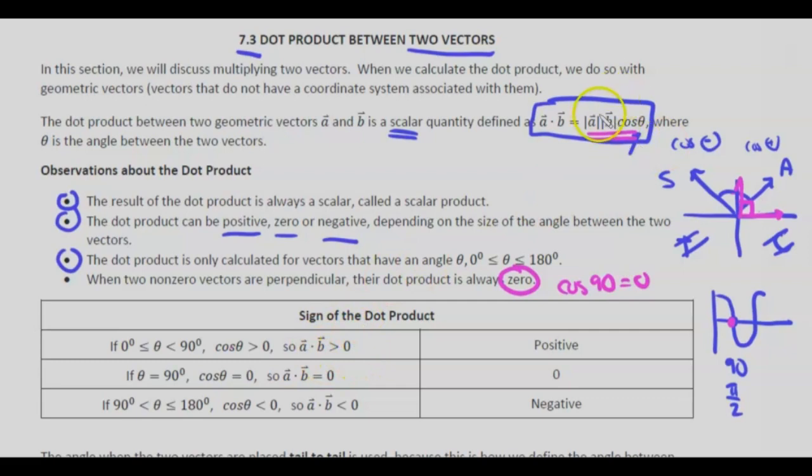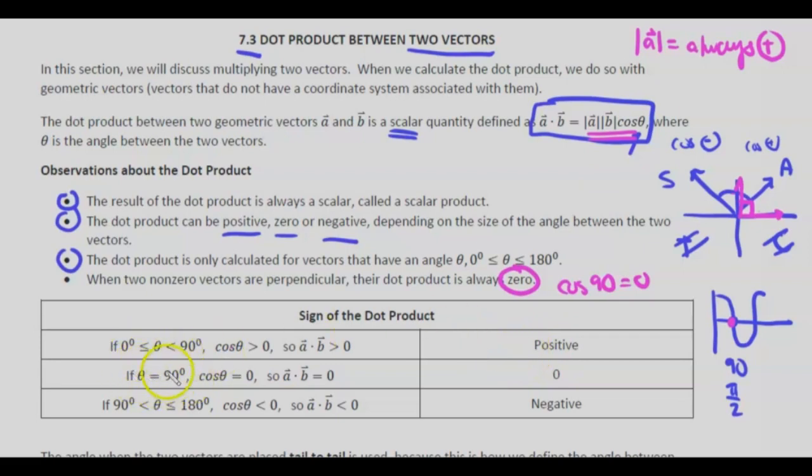Remember, the magnitude is always positive. So we have essentially positive, positive, and then cos theta will be positive, so the dot product will also be positive.